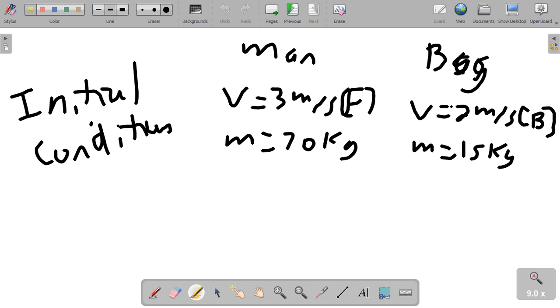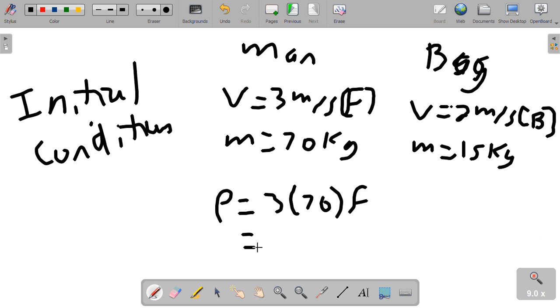Well, let's have a look at our momentum. The momentum of the man is 3 times 70 forward. So that's 3 meters per second forward times 70 kilograms. So that's 210 kilogram meters per second, and that's forward.